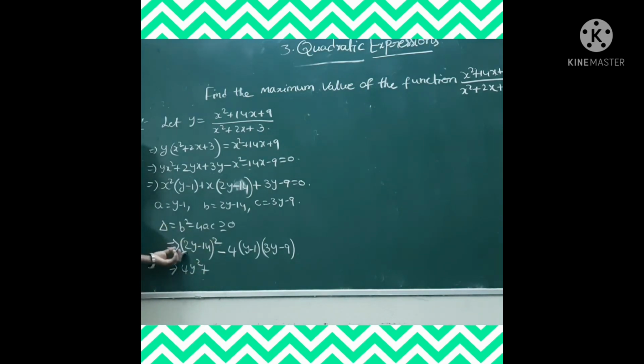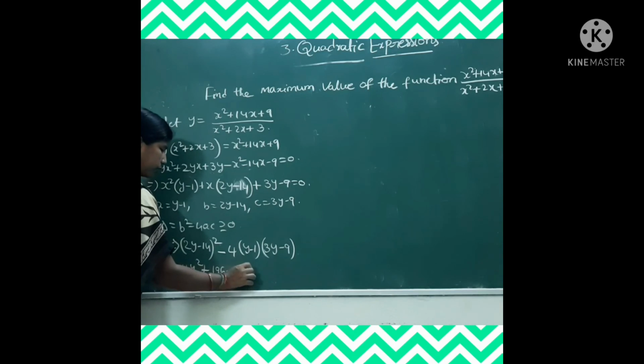So 2y means 4y square, a square, plus b square means 14 square, 196, minus 2ab. 2ab means 2 2s are 4 and 4 14s means 56y.